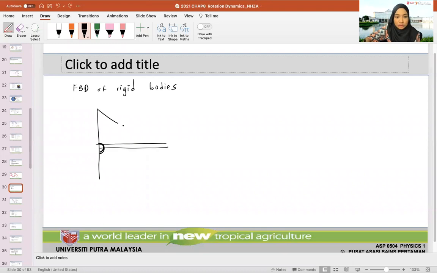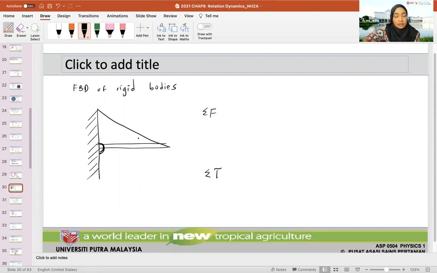It is also connected to a rope. For this type of object, we will have two types of free body diagram. One is net F. We are concerned about the net forces acting on this object, and we are also concerned about the torque acting on this object. Typically, we only dealt with net forces.